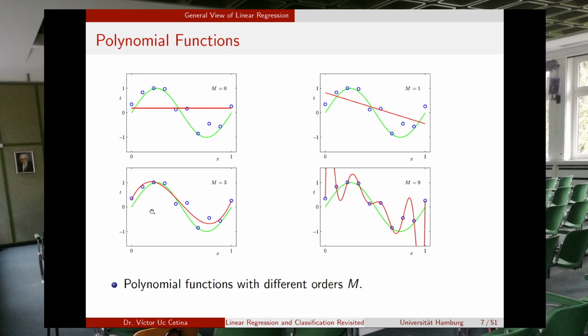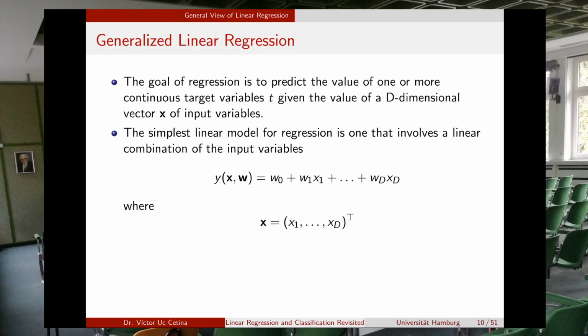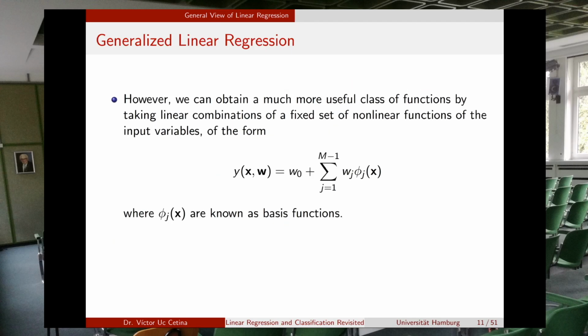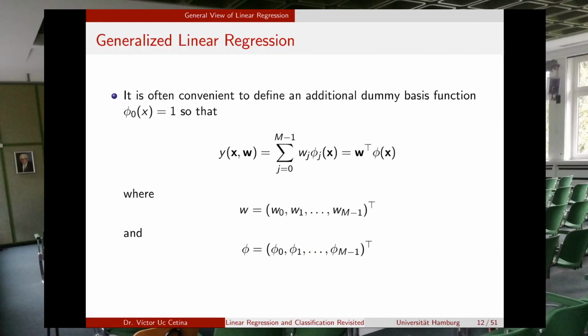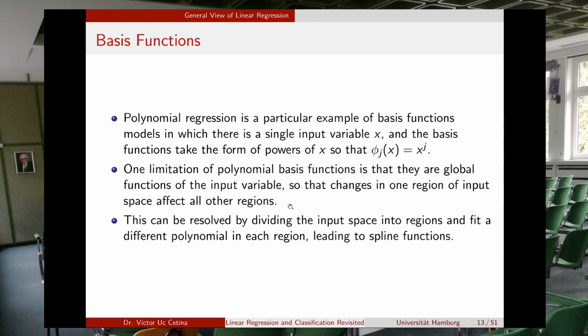We would like to have a function that could be adjusted locally, and one way to do that is using another kind of basis function, not the polynomial. Two good options, as we will see, are the Gaussian or the sigmoid function.